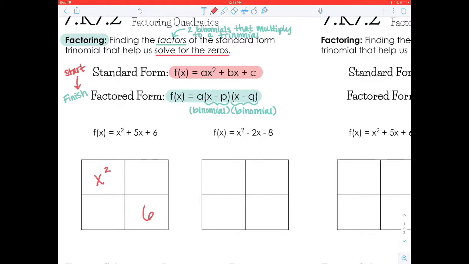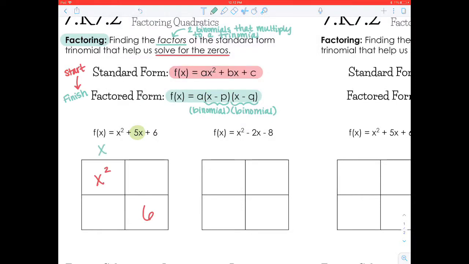The 5x here, that middle term, comes from adding these two boxes together. So we need to come up with some numbers that are going to add up to 5x in those two boxes, but also those two numbers are going to have to multiply to the 6. This is what's going to help us get our factors that go on the top.